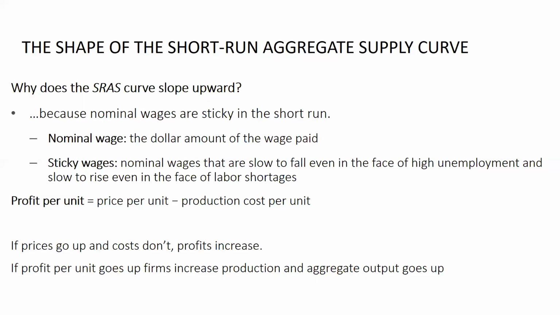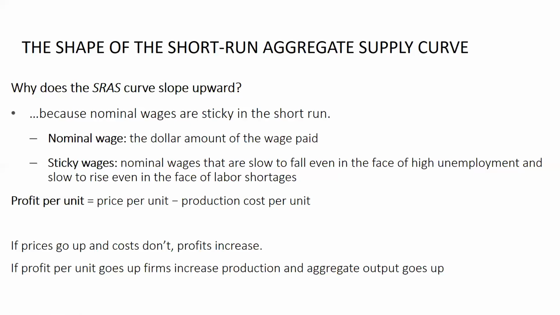And so if we think that wages in the short run are fixed, you cannot change them. They take a little bit of time to adjust, 6 months, a year, we don't know, but there is some stickiness on wages. Then if you look at the profit that the firms are making in the short run, the profit per unit is given by the price minus the average cost, the production cost per unit.